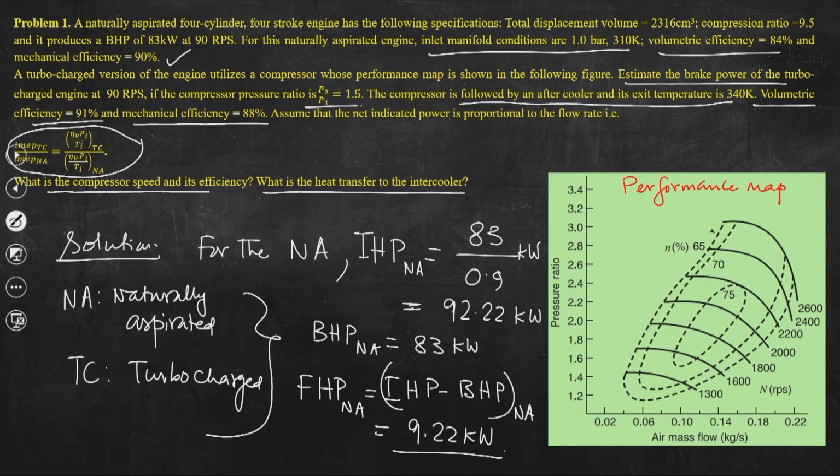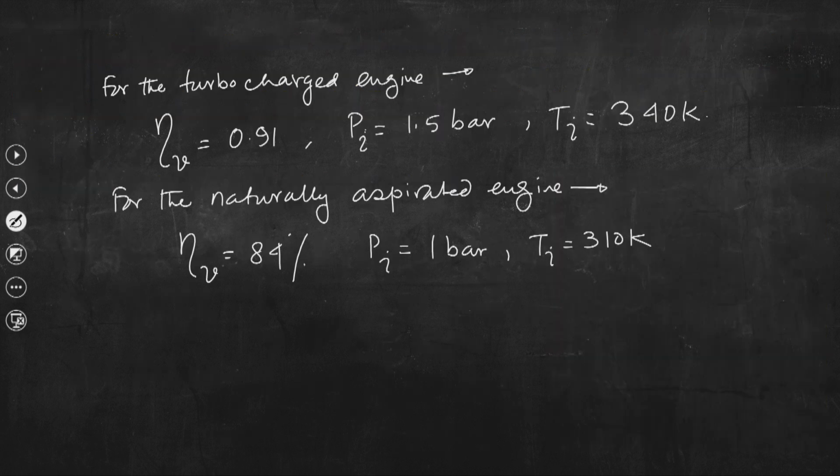Now, the most important part of this problem is to follow this line. The net indicated power is proportional to the flow rate, and that is mathematically described by this relation. If we rewrite this relation, we can write that the indicated mean effective pressure for the turbocharged engine divided by the indicated mean effective pressure for the naturally aspirated engine equals basically the mass flow rate ratio.